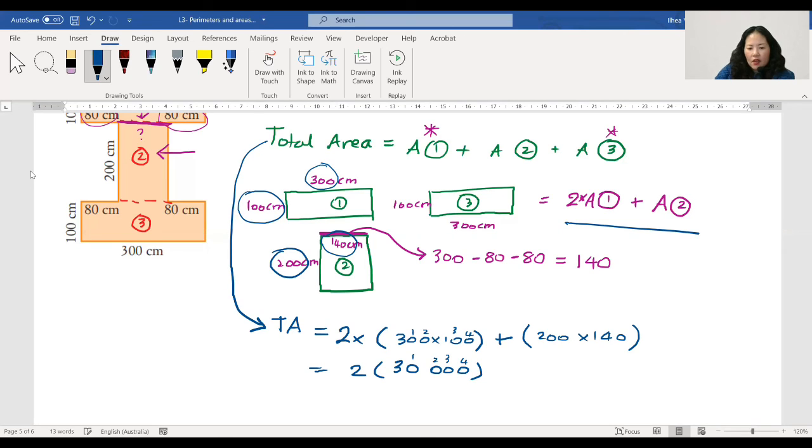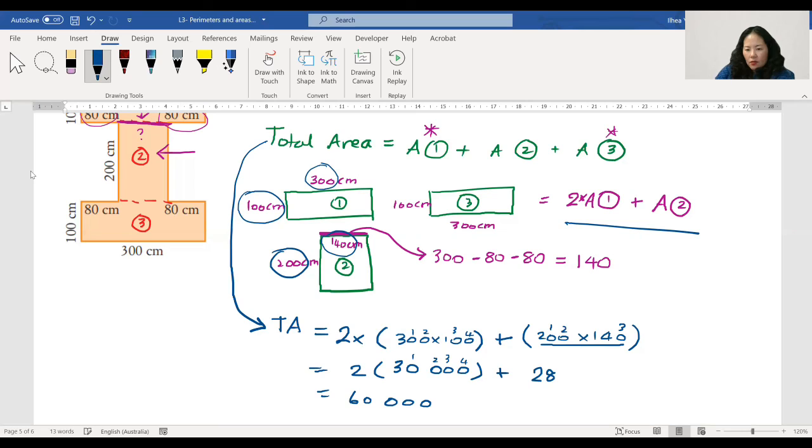And then I'm going to double this. What's 30,000 plus 30,000, or doubling it? 60,000. Okay, so that's done. And I'm timesing 2 times 14. What's double 14? 28. And how many zeros do we have? 1, 2, 3.